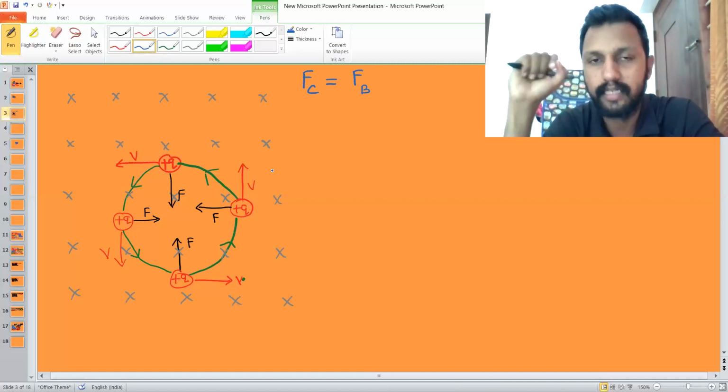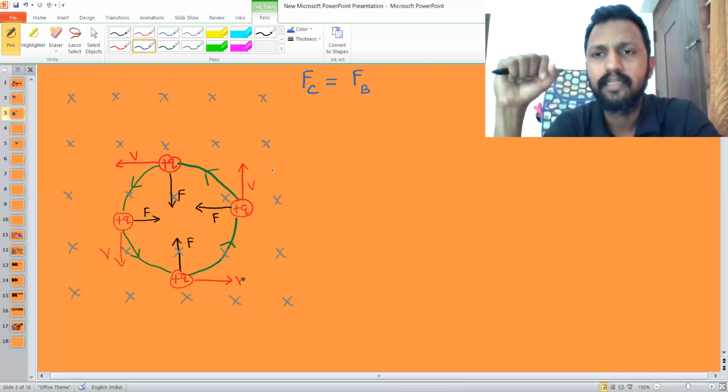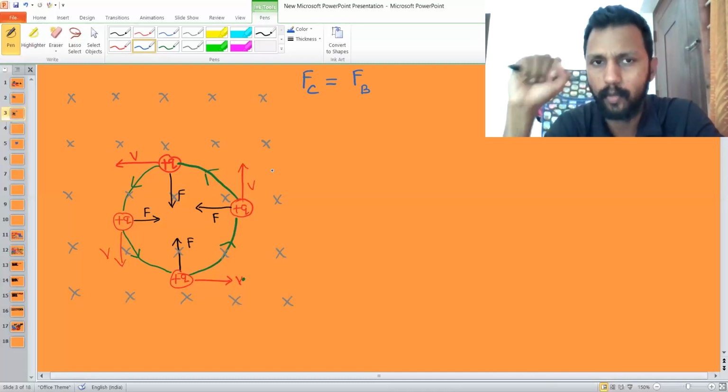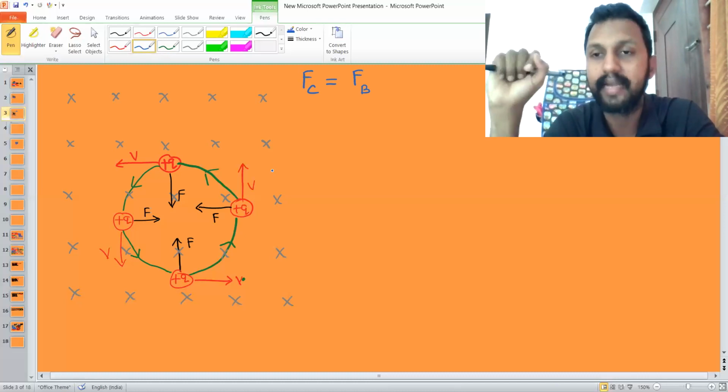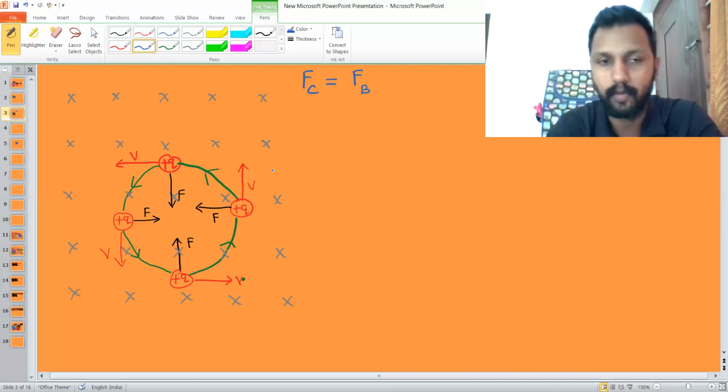That force is called centripetal force, and in this case the force which is directed towards the center is provided by which force? Magnetic Lorentz force. It's clear that the magnetic Lorentz force is providing the necessary centripetal force. You could see this force which is directed inwards, towards the center, is provided by the magnetic Lorentz force.